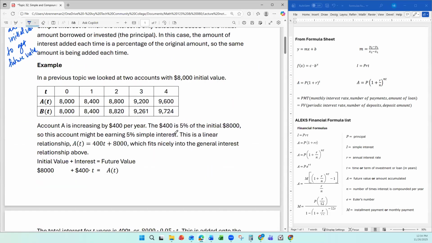All right. We had looked at these two accounts, the 8,000, 8,400, 8,800, etc. Account A and B. Account A is increasing by 400 per year, which is 5% of the initial 8,000. So you could say this is 5% simple interest. We only ever are earning interest on the initial 8,000. So we have the 8,000 initial value plus the interest being 400 times the number of years to get the future value.